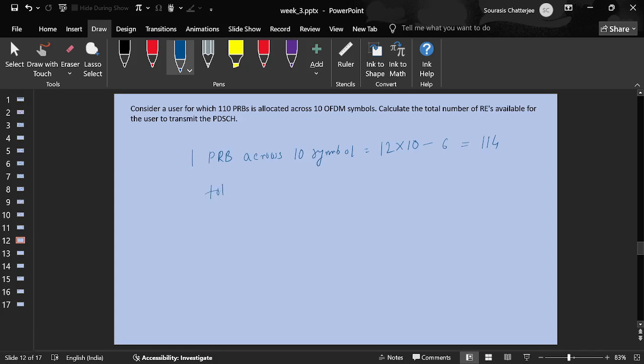So total REs is 110 PRB times 114. This many REs are available to transmit that PDSCH.